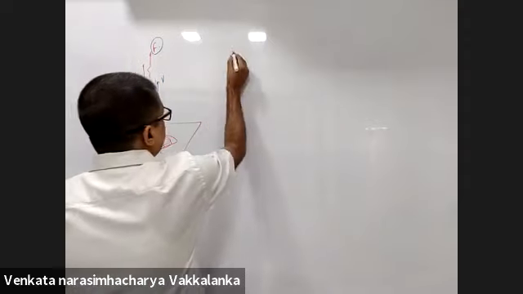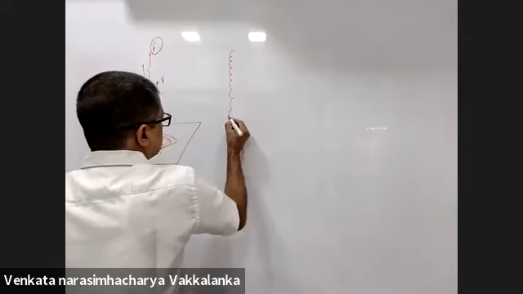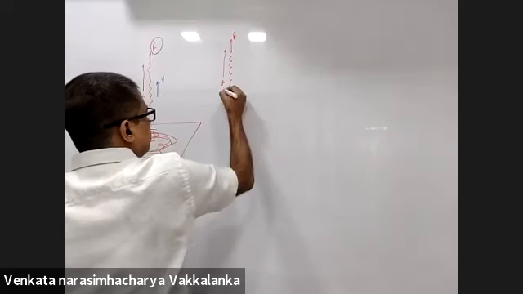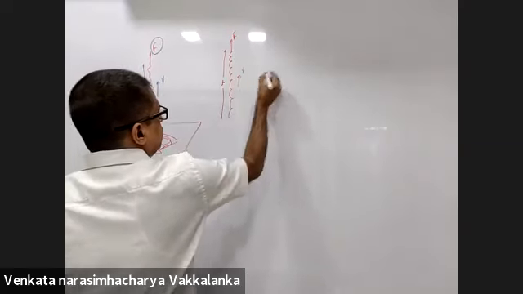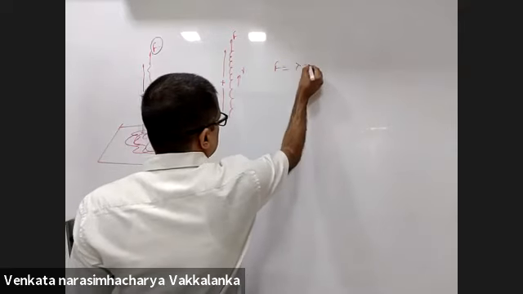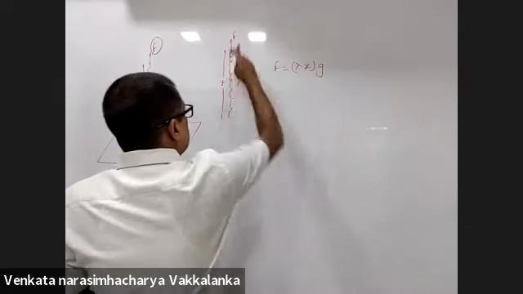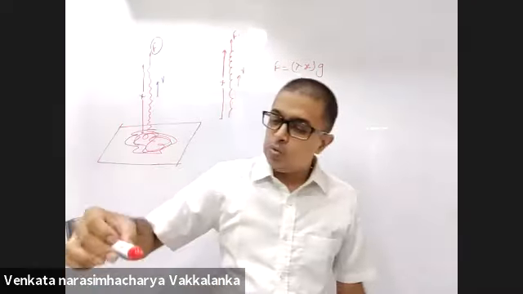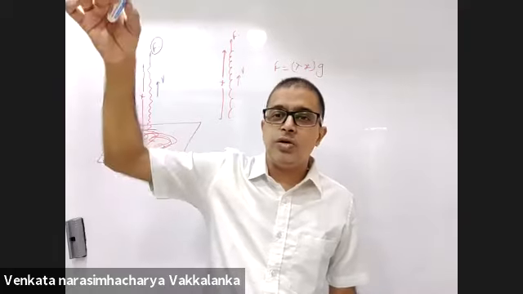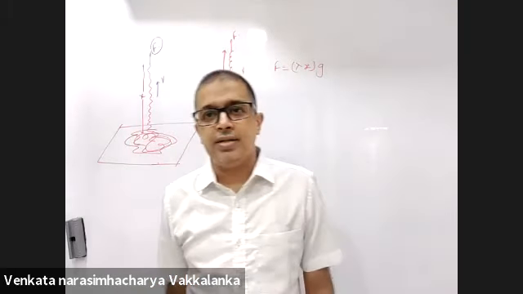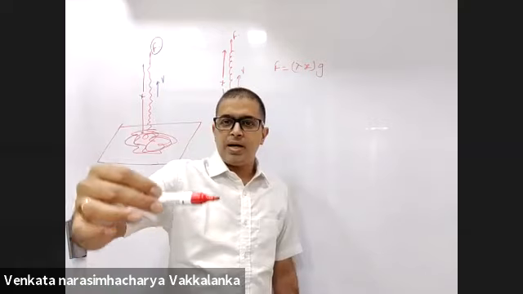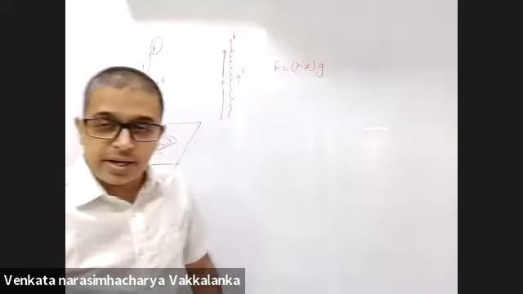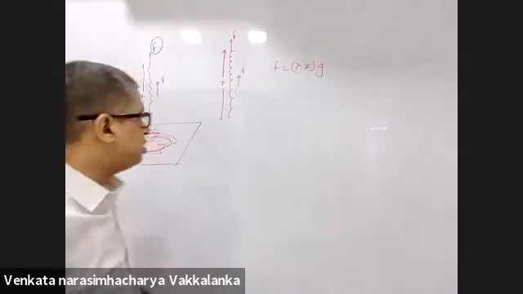You may feel at the first place, the force I exert should be equal to the weight of the chain, lambda x into g. If I want the marker to move with uniform velocity, the force I should exert is equal to the weight of the marker. Here there is a small change.